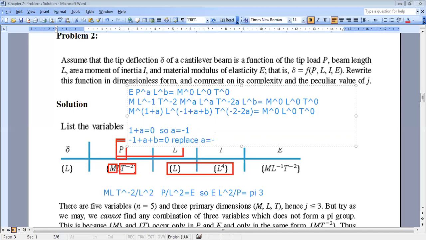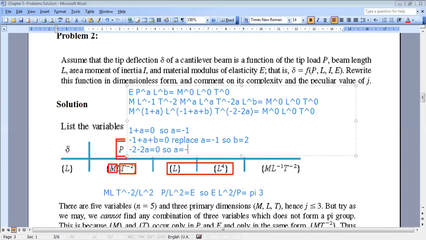And finally, the third relation for T, you have minus 2 minus 2a equals 0. So you get again a is minus 1 again.